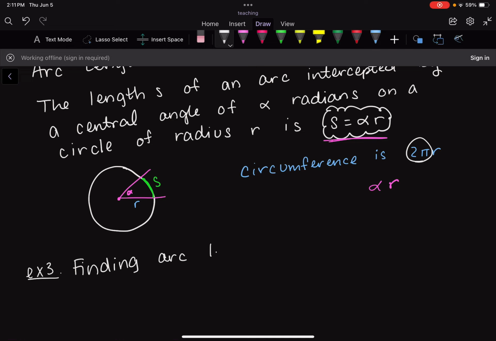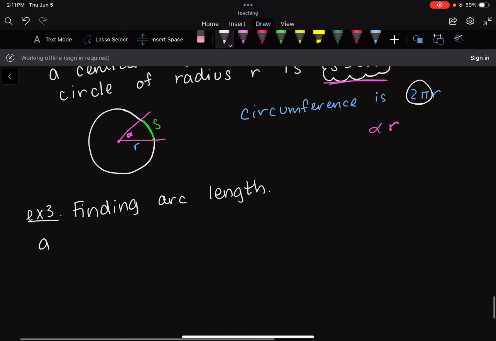I'm going to break this up into parts. The first one that I'm going to give us is, yeah, this is a good one.